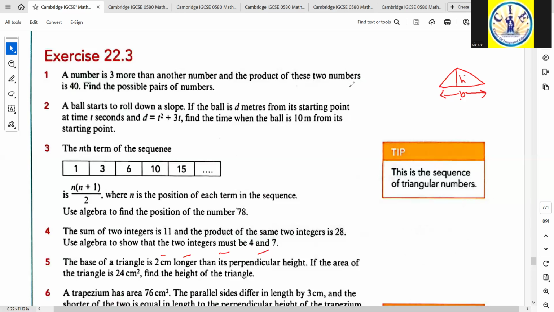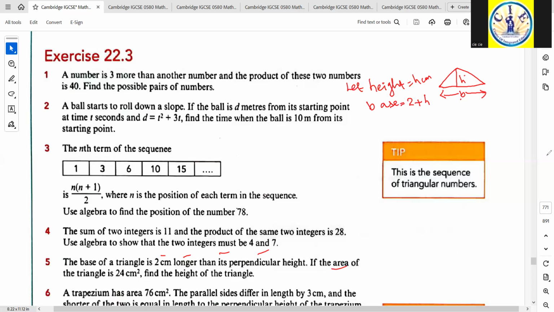So we would say let the height be h centimeters, and so the base will be equal to 2 plus h, because it is given in the question that the base is 2 centimeters longer than its perpendicular height.